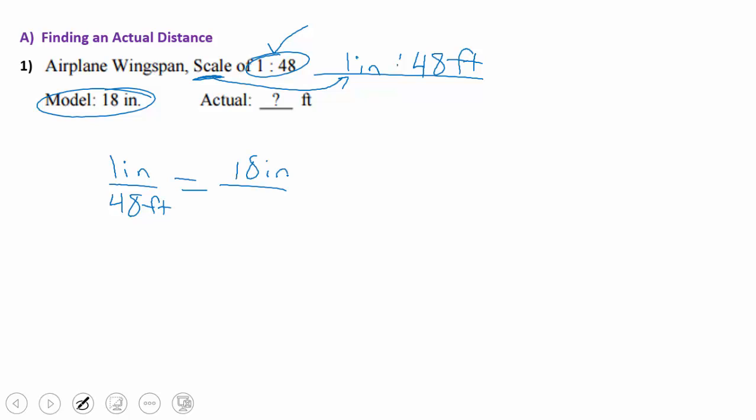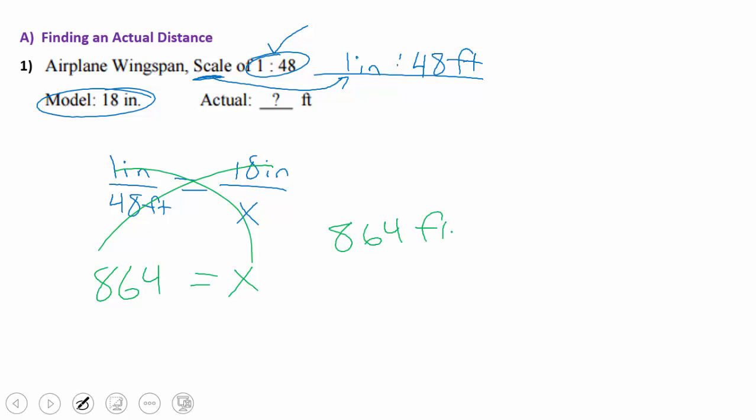So if inches is on top of the first ratio, inches is on top of the second ratio, and the unknown goes below. Taking our process to solve proportions, cross products, x would be equal to 864. So 864 feet. Always put units on your answers.